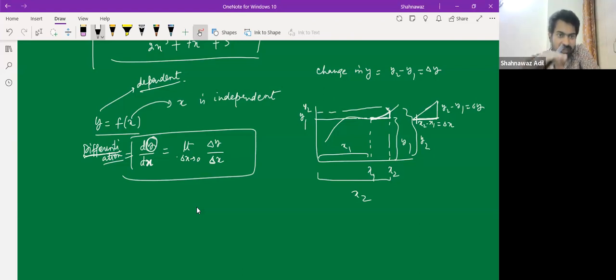It helps us evaluate the speed or velocity or other physical quantities at different points.